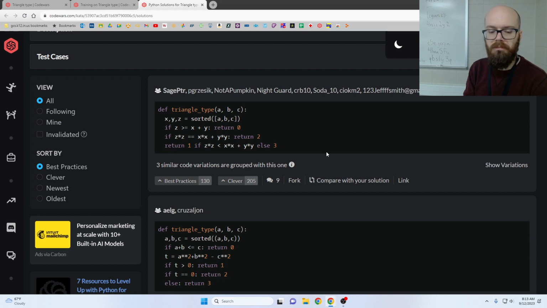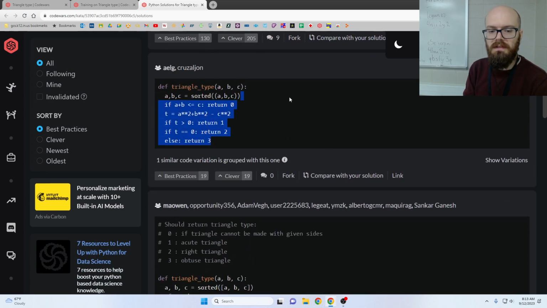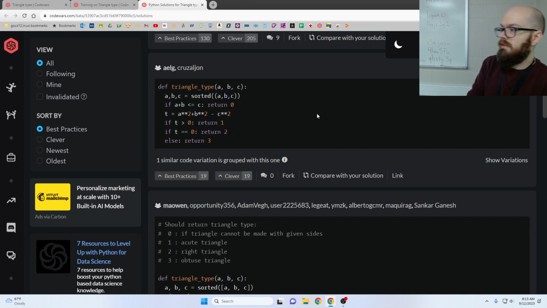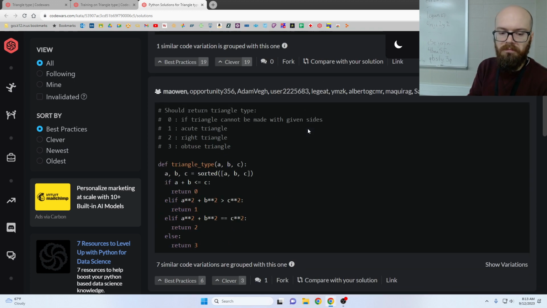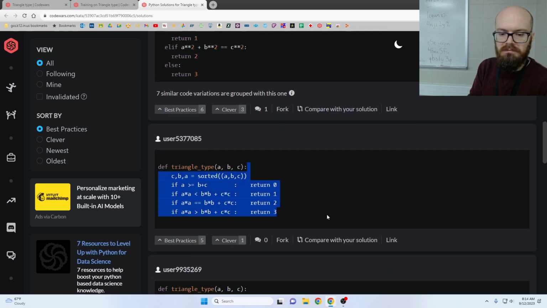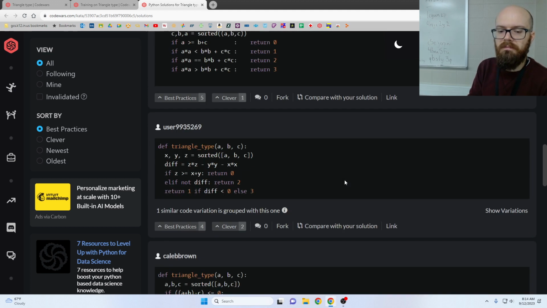They're checking the classic Pythagorean theorem, and then they're checking the acute and obtuse in kind of one step, which is nice. This person did pretty much the same thing. Turns out I'm not really that special, and mostly the stuff that I came up with is gonna appear in the others as well. Yep, same thing. Yep, I like the spacing, I like the tabs. I think this one's very readable, but it's the same idea. And there you go.